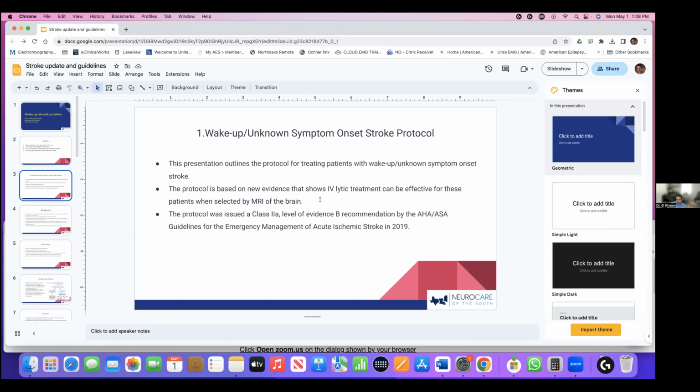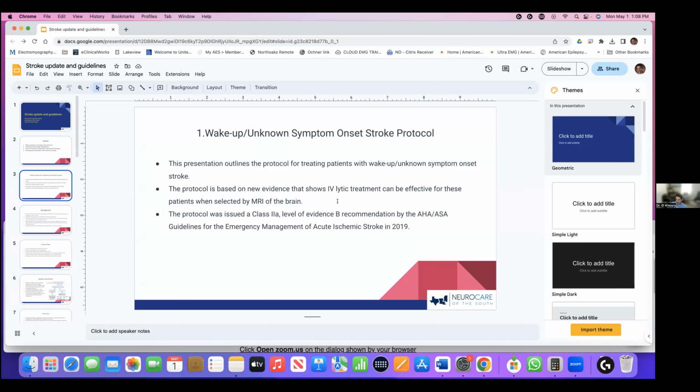So the treatment algorithm protocol is based on the fact that IV lytics can be effective for patients selected based on MRI selection. And MRI selection is based on a mismatch between FLAIR and DWI.